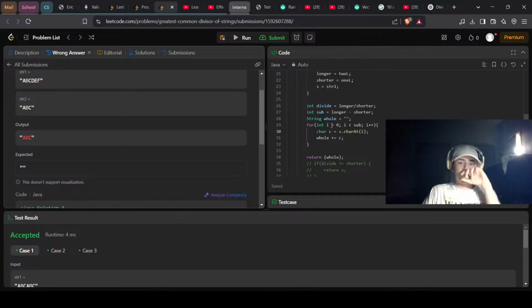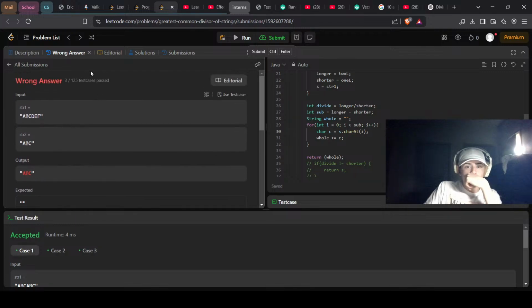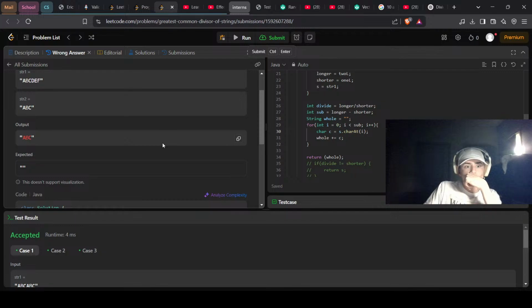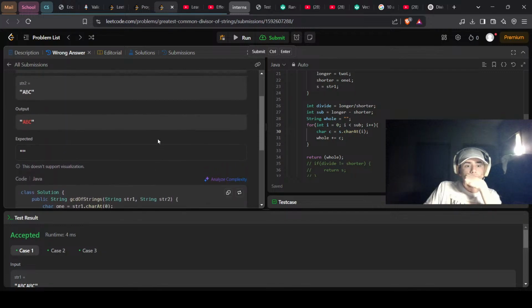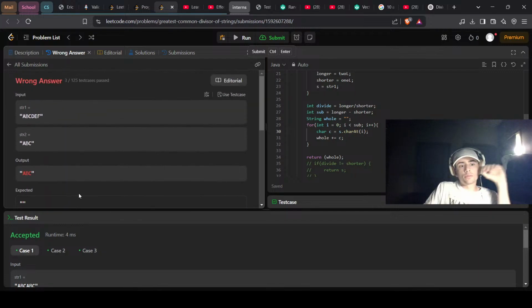What? I really thought I had it. I didn't get it. Can I see the other test cases? So this is supposed to be none. Oh, I gotta look through the whole thing.